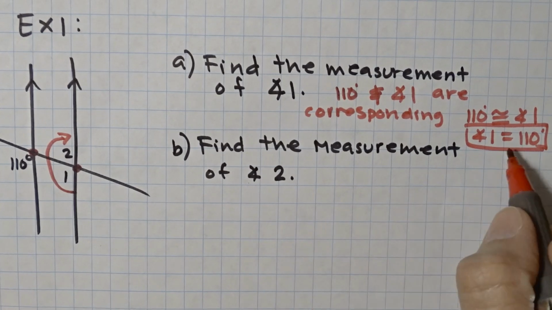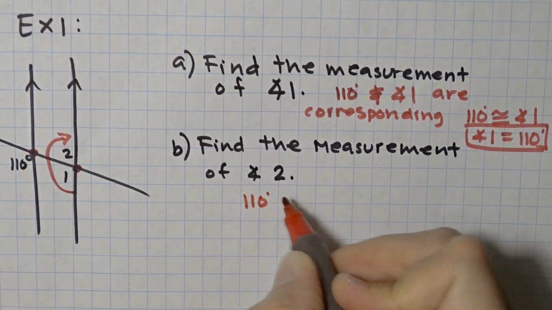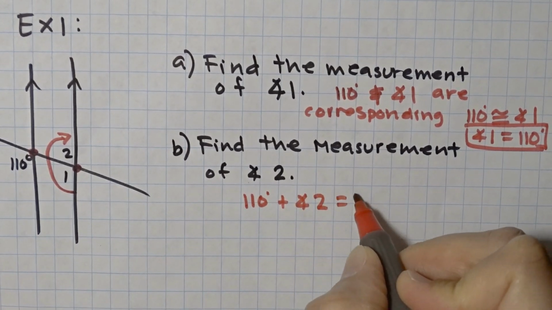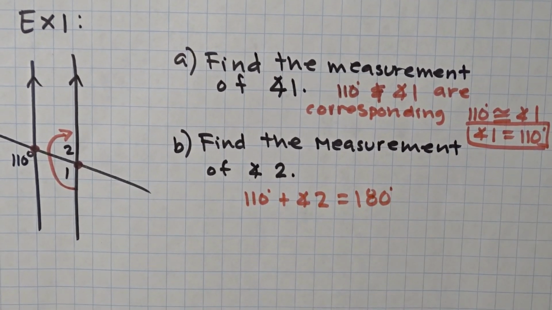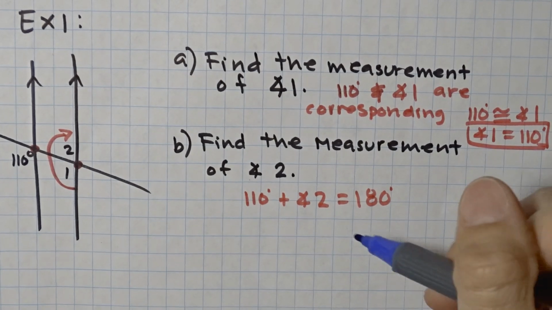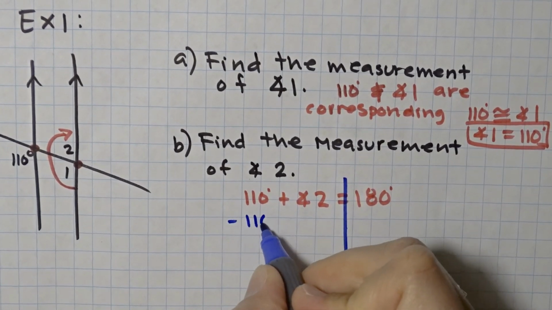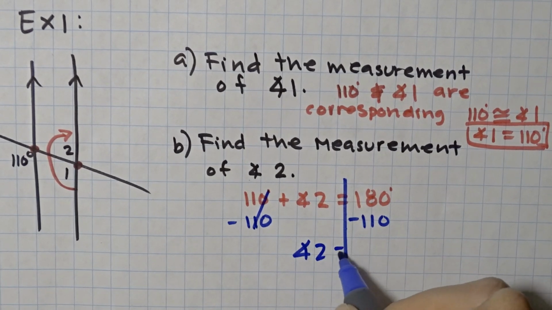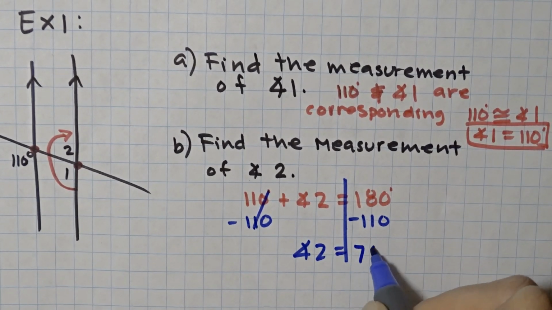So I know that angle 1 is 110, plus angle 2 should equal 180. And with that, we're going to solve this for angle 2. So we're going to subtract 110. And we're left with angle 2 equals 70 degrees.